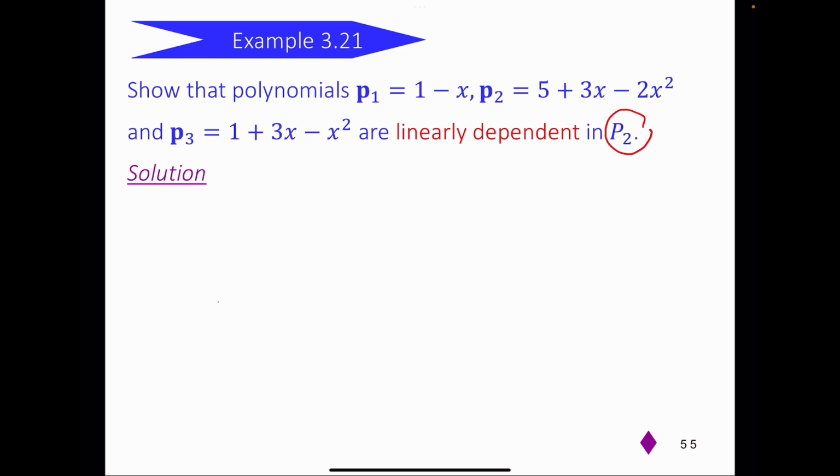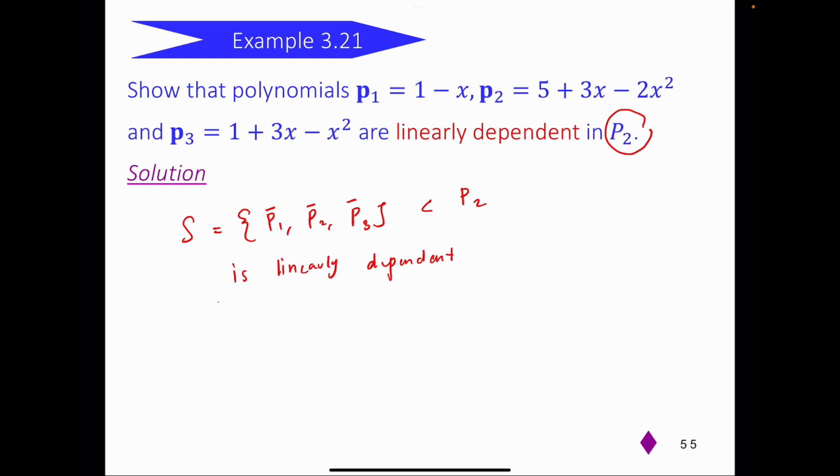Again, we have to show that S with P1, P2, and P3 is linearly dependent. S is a subset of P2, a vector space of polynomials of degree 2.